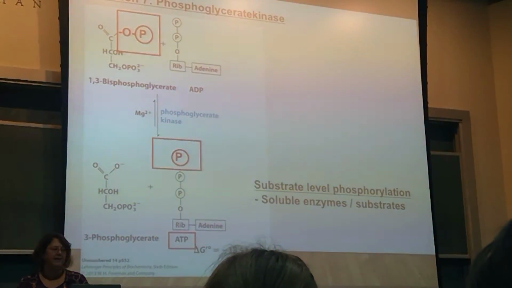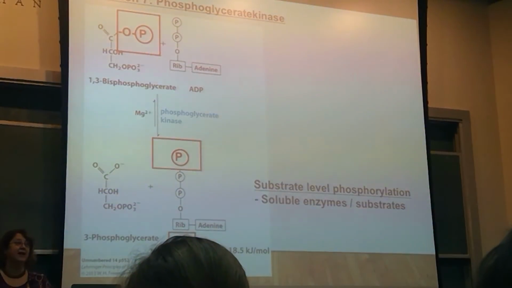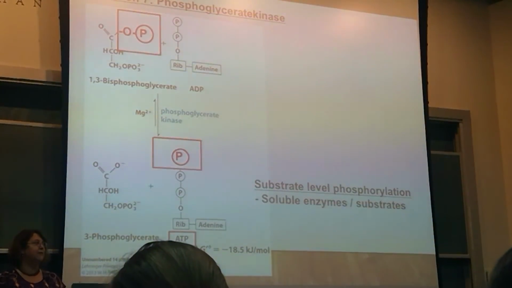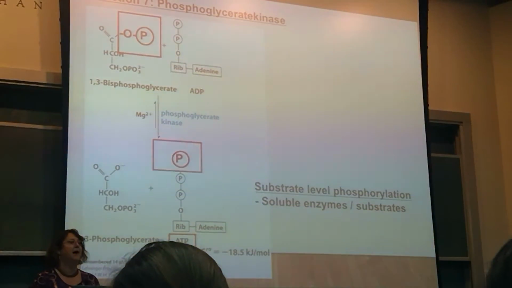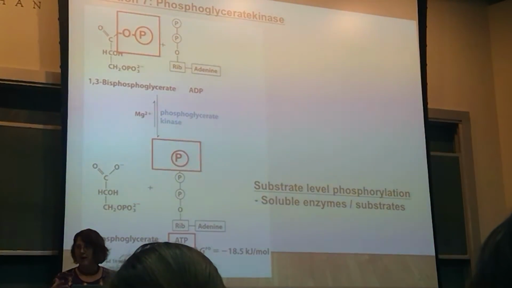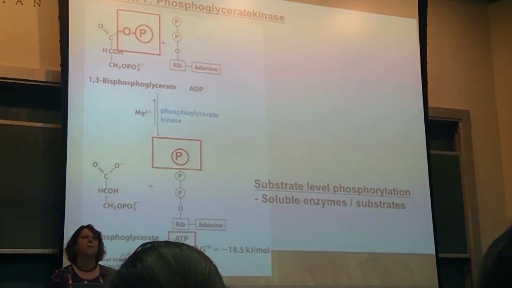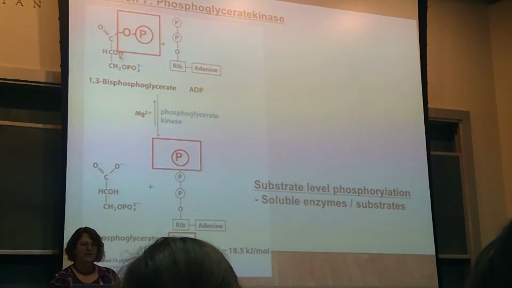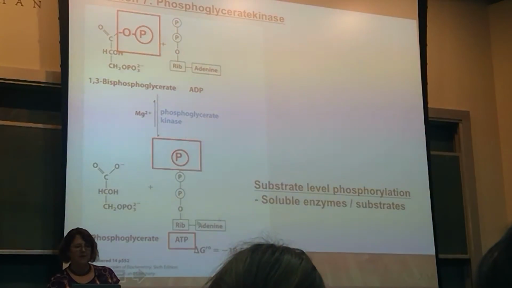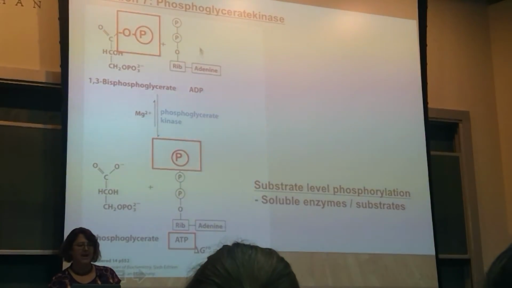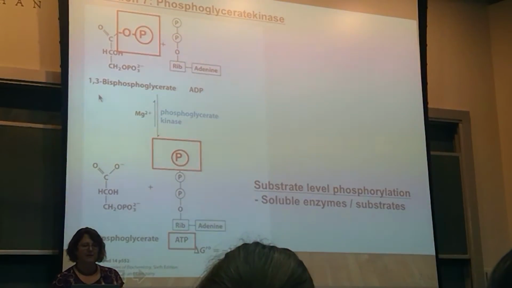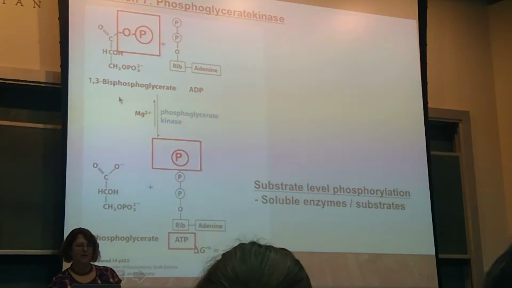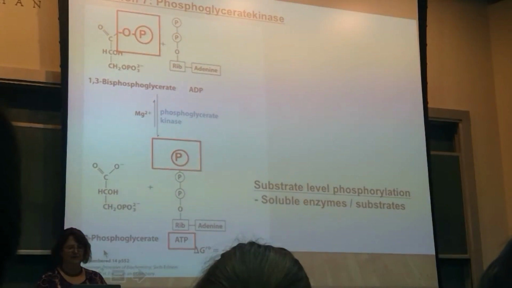So if you know what a kinase is, adding a phosphate, using ATP to donate that phosphoryl group, you just have to know that sometimes we might be using it in the reverse direction, which is the case here. The phosphate is going onto ADP to make ATP, and it's coming off our molecule, 1,3-bisphosphoglycerate, to give 3-phosphoglycerate.